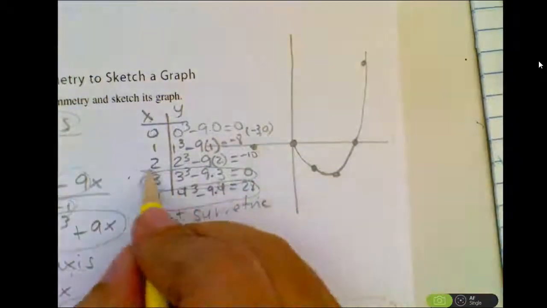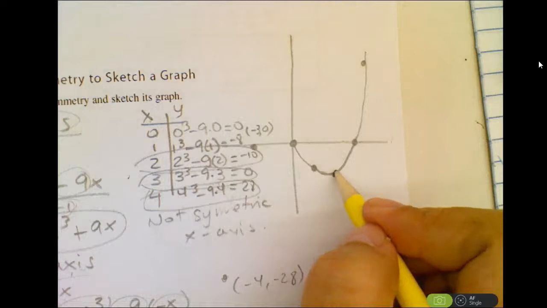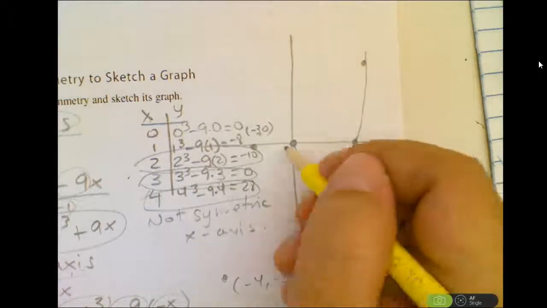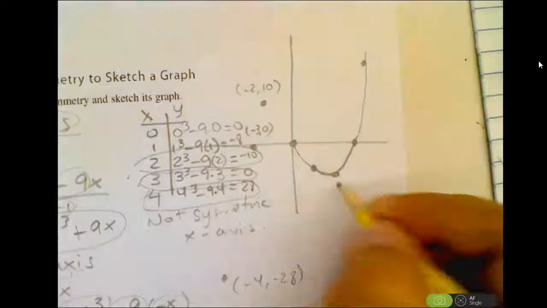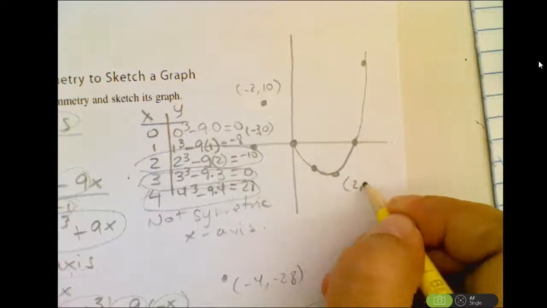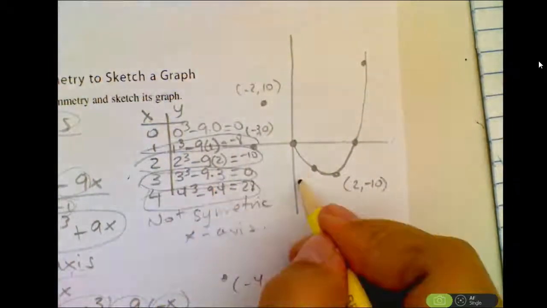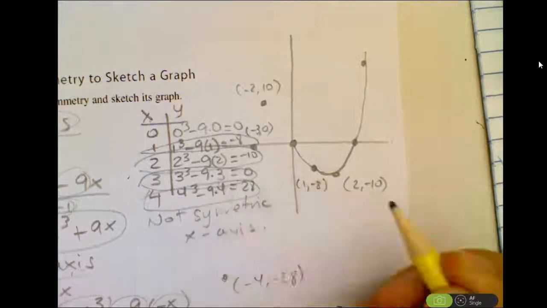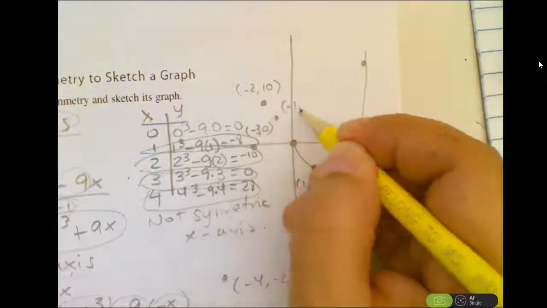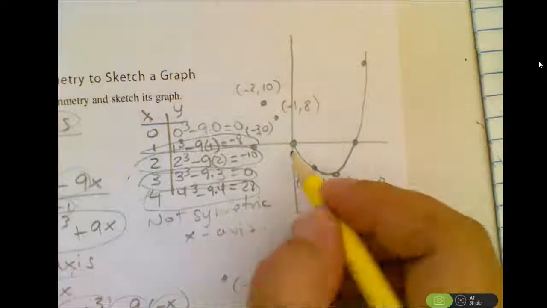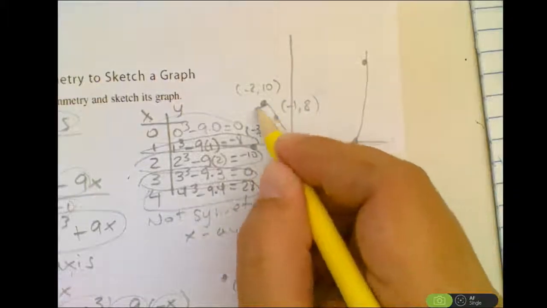If I know the point 2, negative 10 belongs to the graph, then I know the point negative 2, 10 belongs to the graph. If I know the point 1, negative 8 belongs to the graph, then the point negative 1, 8 belongs to the graph. And then if the point 0, 0 belongs to the graph, then 0, 0 is the same.